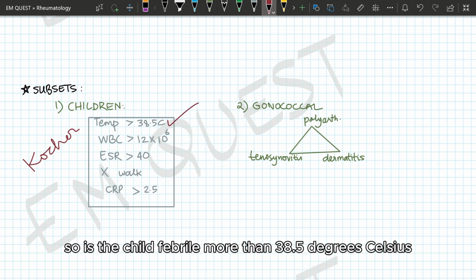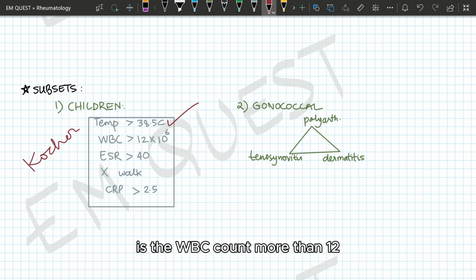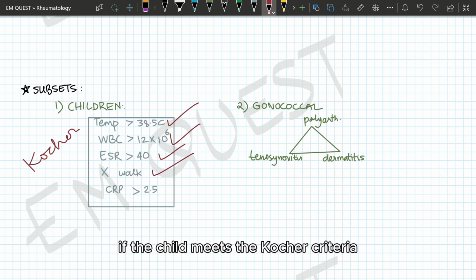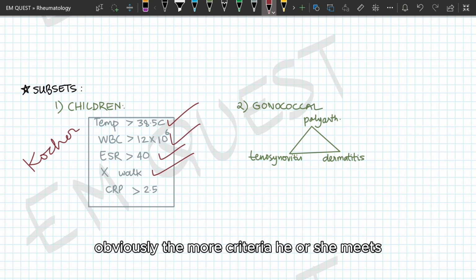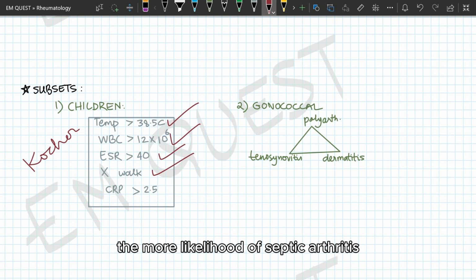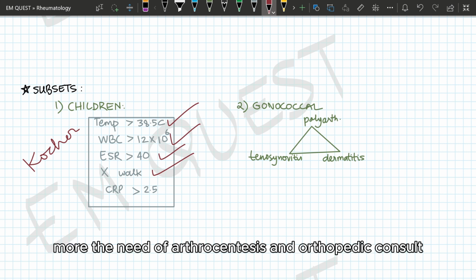So is the child febrile more than 38.5 degrees Celsius? Is the WBC count more than 12? Is the ESR more than 40? And is the patient unable to walk? If the child meets the Kocher criteria, obviously the more criteria he or she meets, the more likelihood of septic arthritis and hence more the need of arthrocentesis and orthopedic consult.